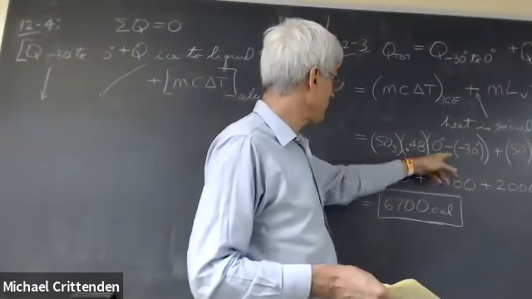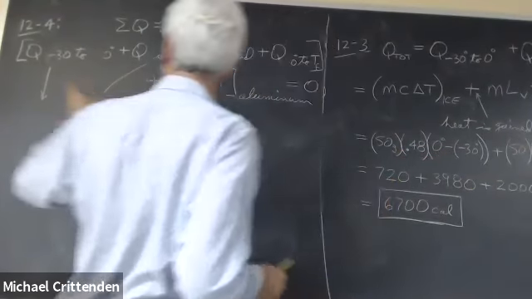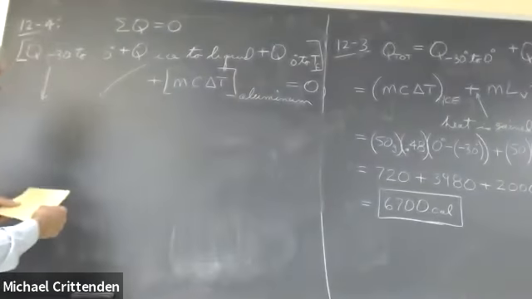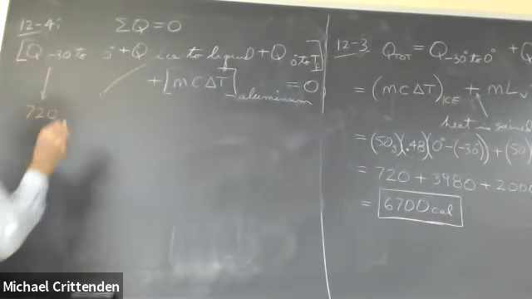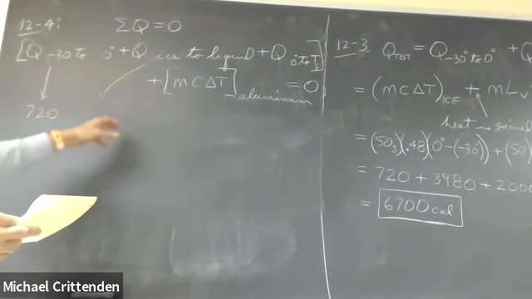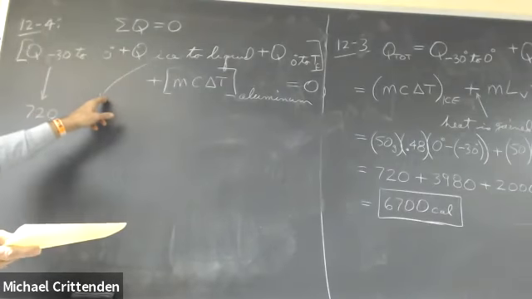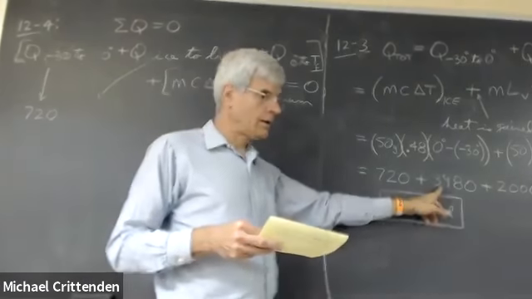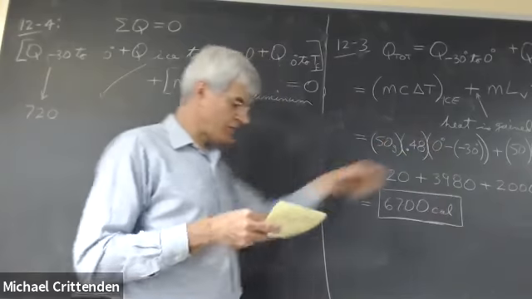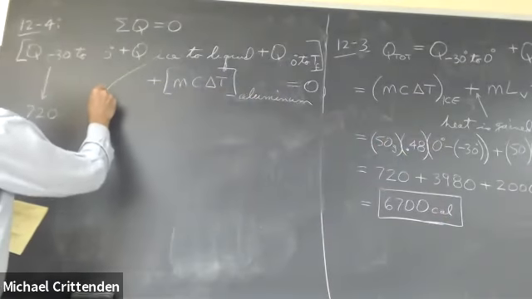It's the same mass, it's the same temperatures. This first term is once again going to be 720 calories. And then it's the same amount of ice being melted. So that'll once again be 3980, just like it was before.